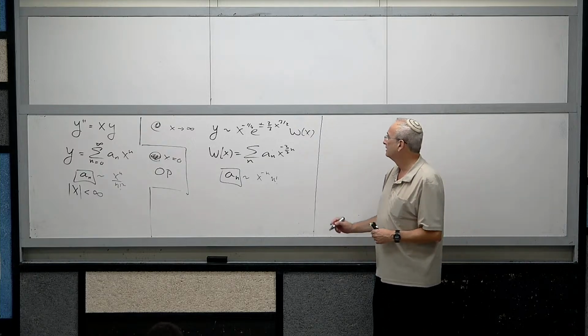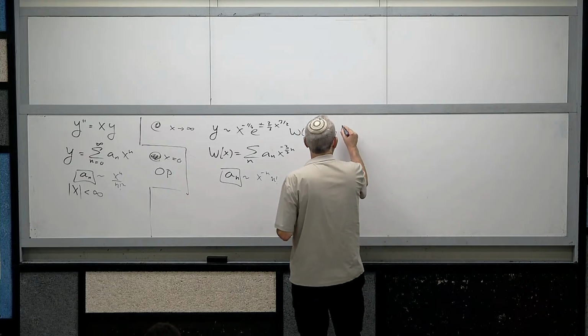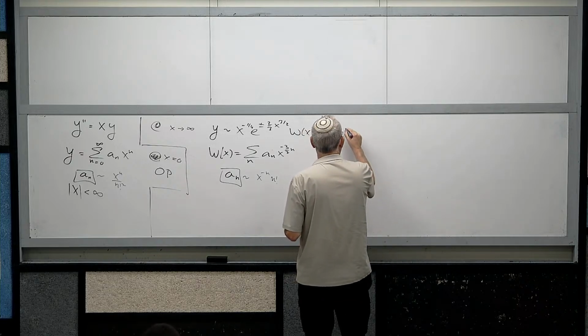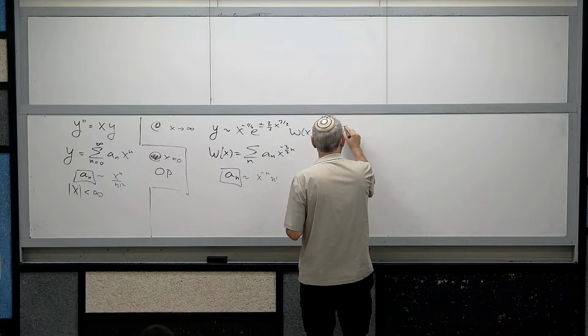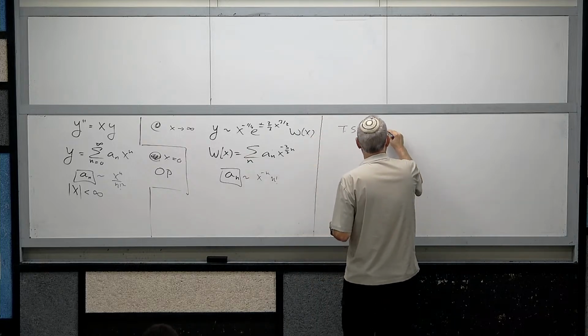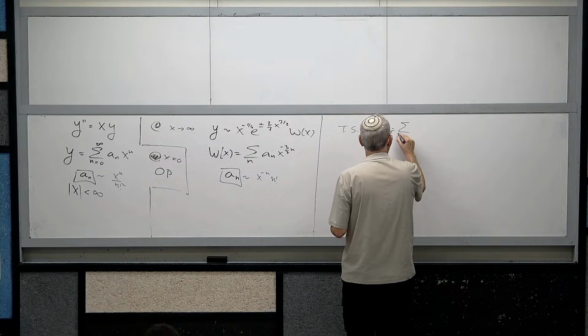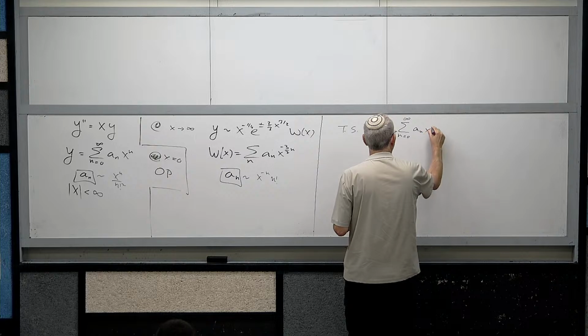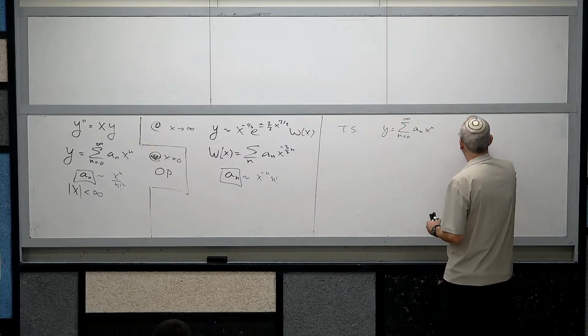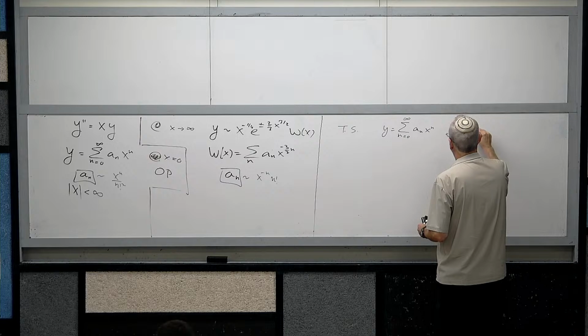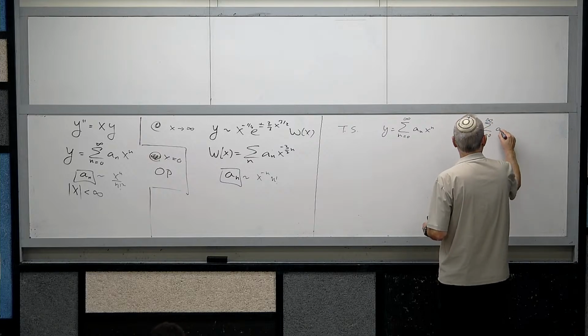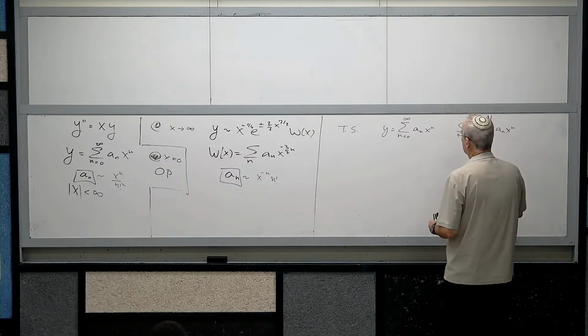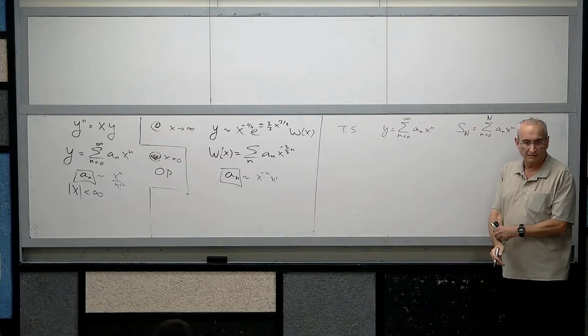Taylor series, right? So the idea is that in a Taylor series, y is equal to the sum from n equals 0 to infinity of a_n x to the n, and then we can define S_N, which is the sum from n equals 0 to capital N of a_n x to the n, the partial sum.